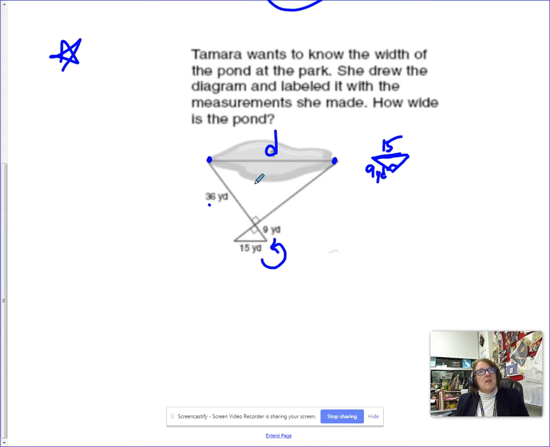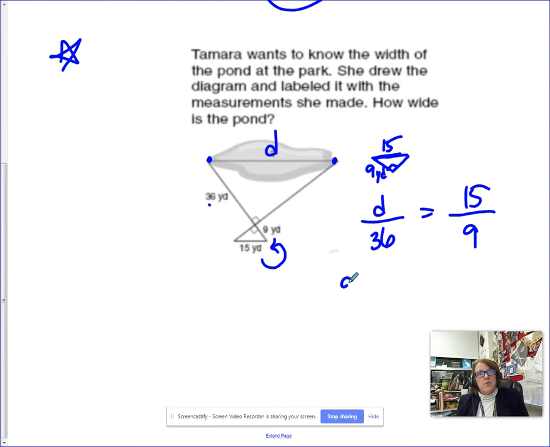Okay. This one, maybe you can see what's going on here to get an answer, but I always want you to draw the proportion or write it out anyway. So you could say, all right, this distance is to 36. So the width of the pond is to this side as 15 is to 9. Or you could say D is to 15 as 36 is to 9. That works as well.